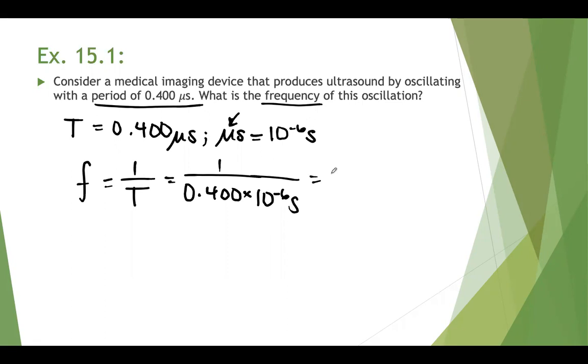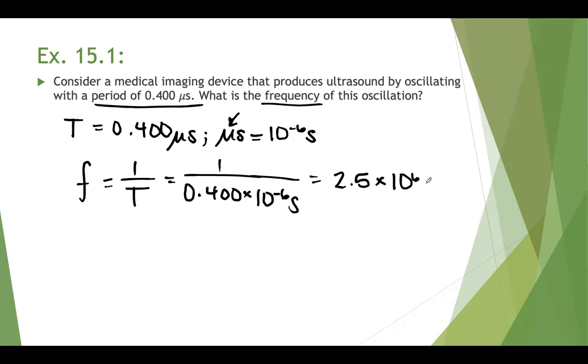And let me get my calculator and put it in there. So 1 over 0.4 times 10 to the negative 6th. And I get a frequency of 2.5 times 10 to the 6th.